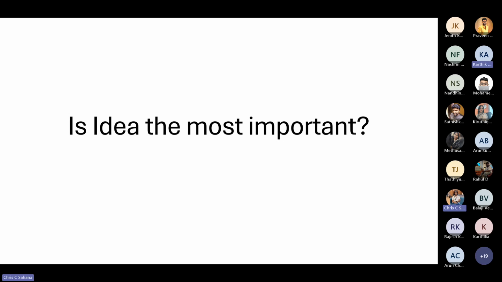So Karthik here. The reason I raised my hand is to talk about what you have mentioned. Is the idea most important? I personally believe it is, because I see an idea is not just a one-time thought. I believe an idea has to evolve from time to time based on the situations. Even if you pick a restaurant as a business model, I don't believe that is an idea, right?